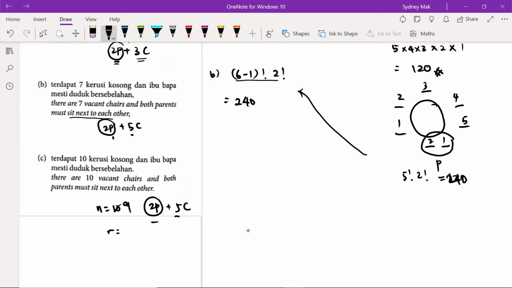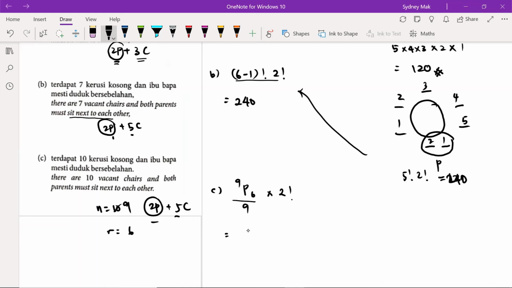So we have 6 items here. If I were to use the permutation notation, that will be 9P6, and then we have to divide by 9. And then followed by the parents permuting among themselves, 2 factorial.